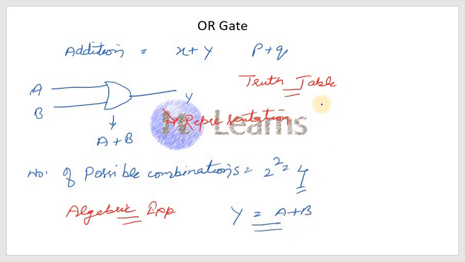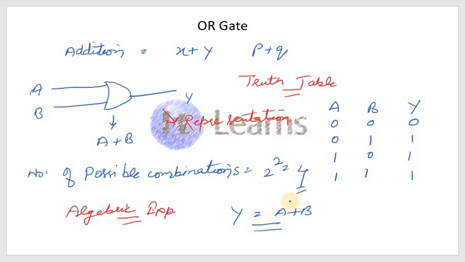Possible combinations. Addition, binary addition: 0 plus 0 is 0, 0 plus 1 is 1, 1 plus 0 is 1, 1 plus 1 is 1.